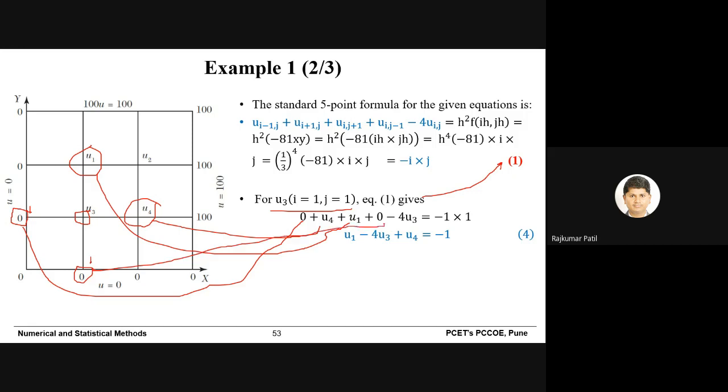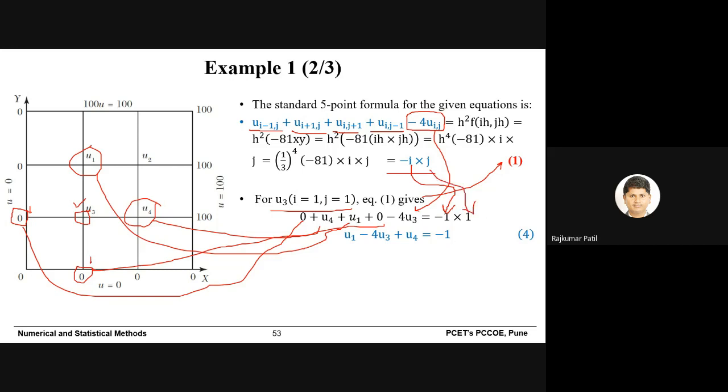So we put those 4 values corresponding to u(i minus 1, j), u(i plus 1, j), u(i, j plus 1) and u(i, j minus 1). And the next term, minus 4u(i,j), is nothing but minus 4u3, as we are interested in u3, and which is equal to minus i times j, and we know that i is 1, and j is also 1.